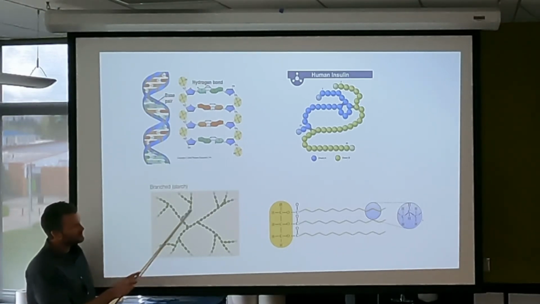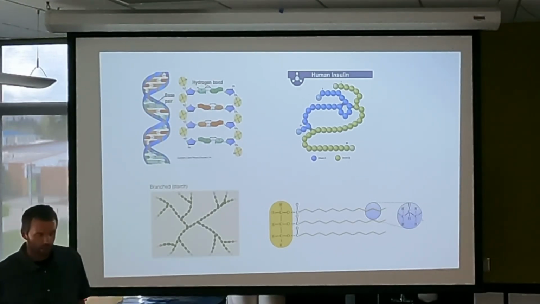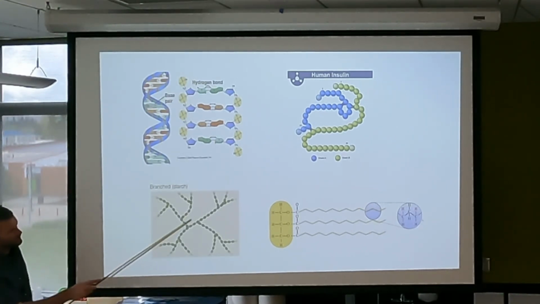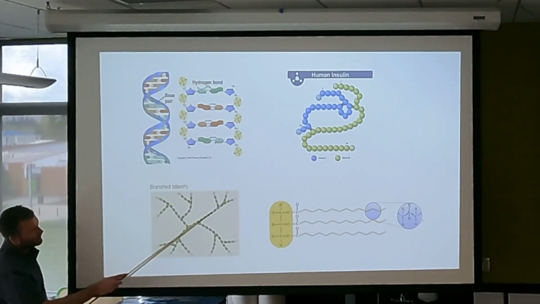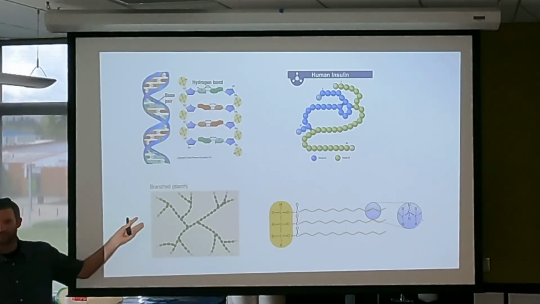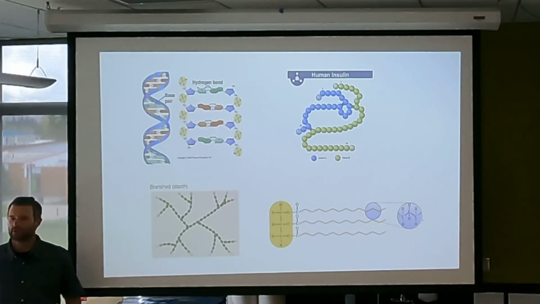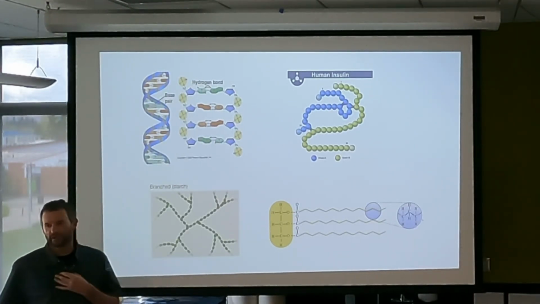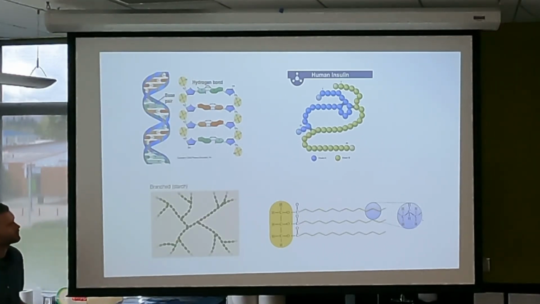Each one of these little hexagons is a monomer. Does anybody know the individual monomers that form a starch molecule? What are the individual units that bond together to form a starch molecule? It's glucose. Good.